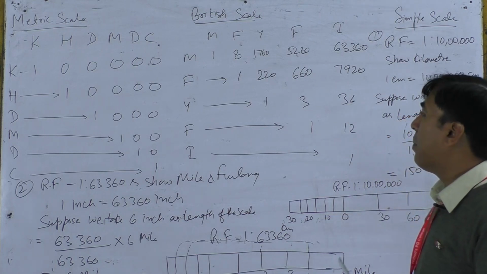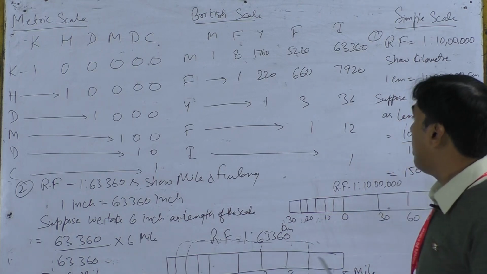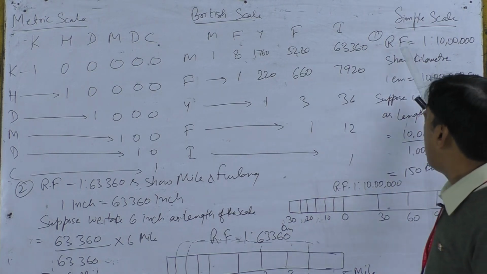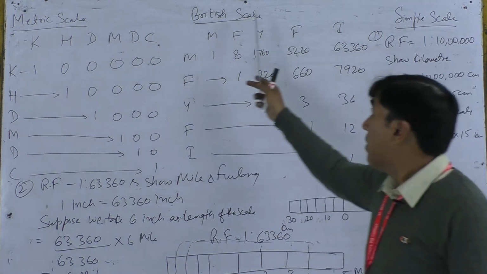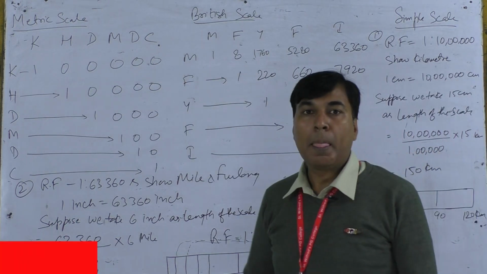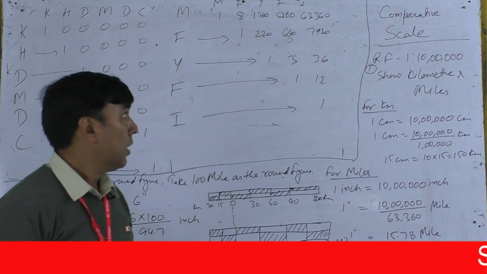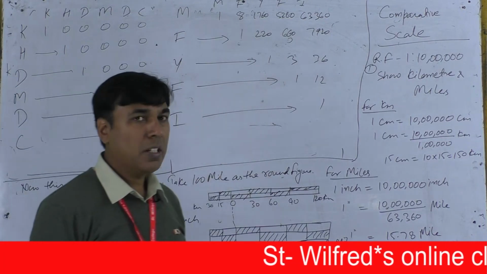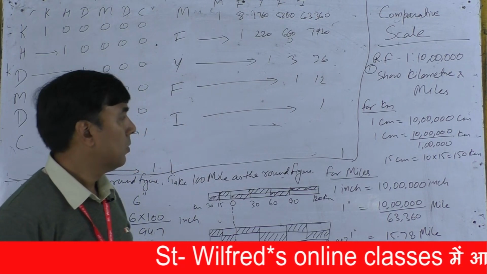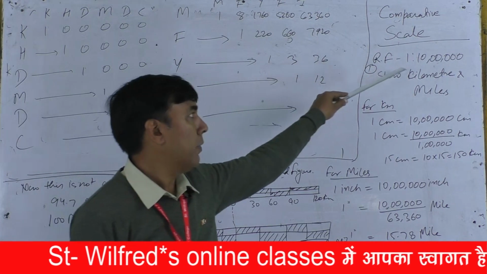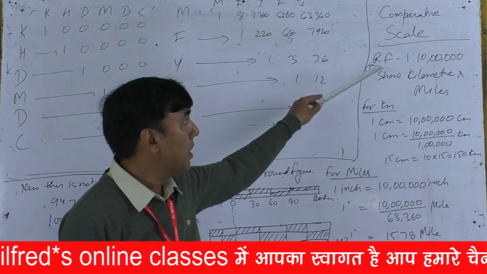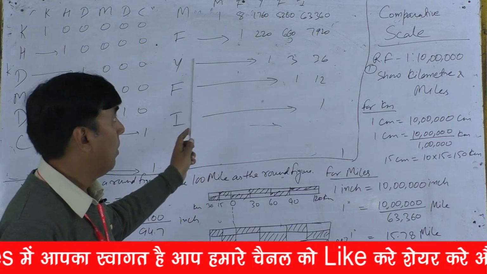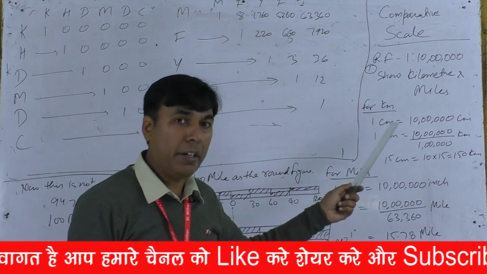Okay, so this is the basic and important thing in a simple scale. It's related to the metric scale as well as the British scale. Now the comparative scale. In a comparative scale we get only one RF, and on the basis of that one RF we compare 2 units, British and metric.